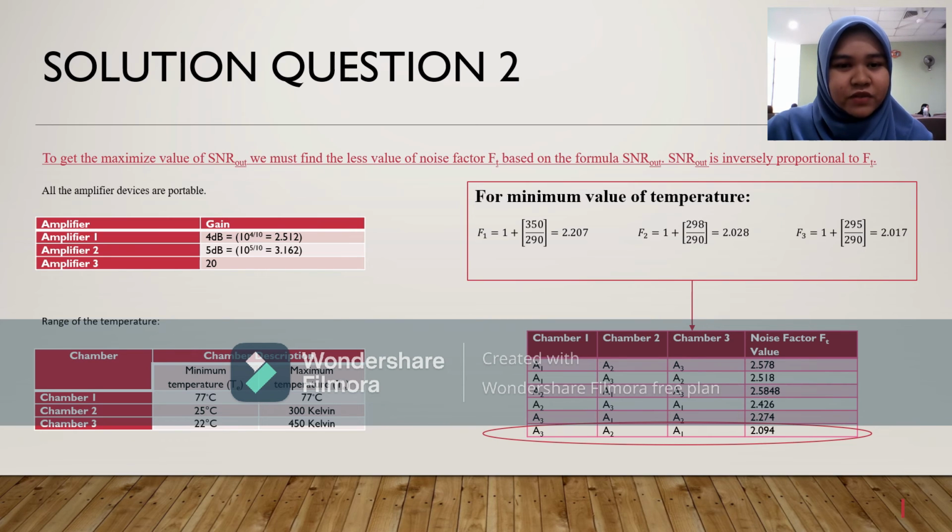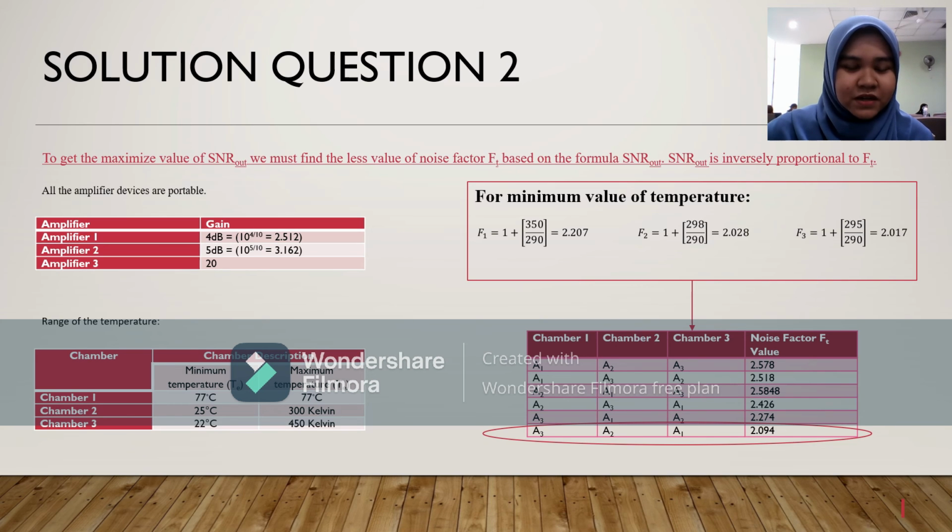For amplifier 1, we change the 4 dB gain with the antilog of 4/10. We do the same for amplifier 2, and the 5 dB gain becomes 3.162, unitless. Then all the minimum temperatures for chambers 1, 2, and 3 must be changed to Kelvin, and the maximum temperature of 77 degrees Celsius is changed to Kelvin by adding 273.